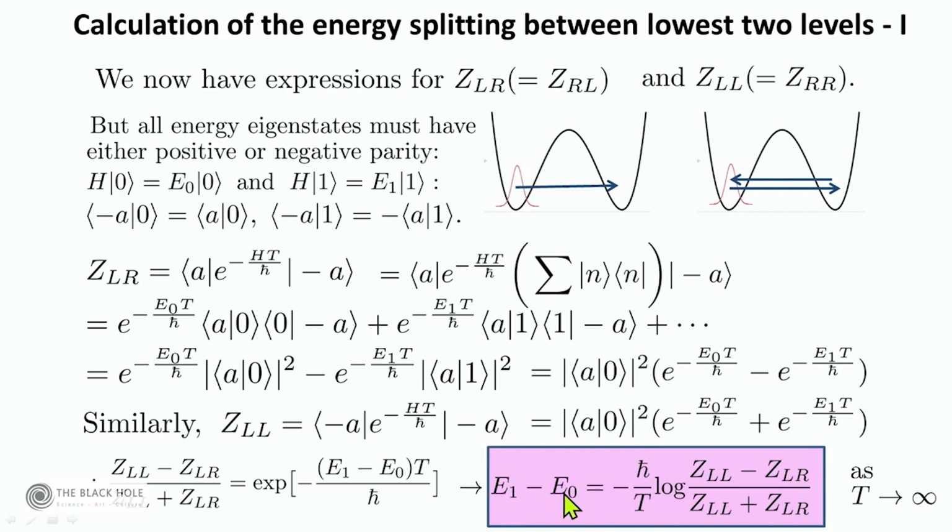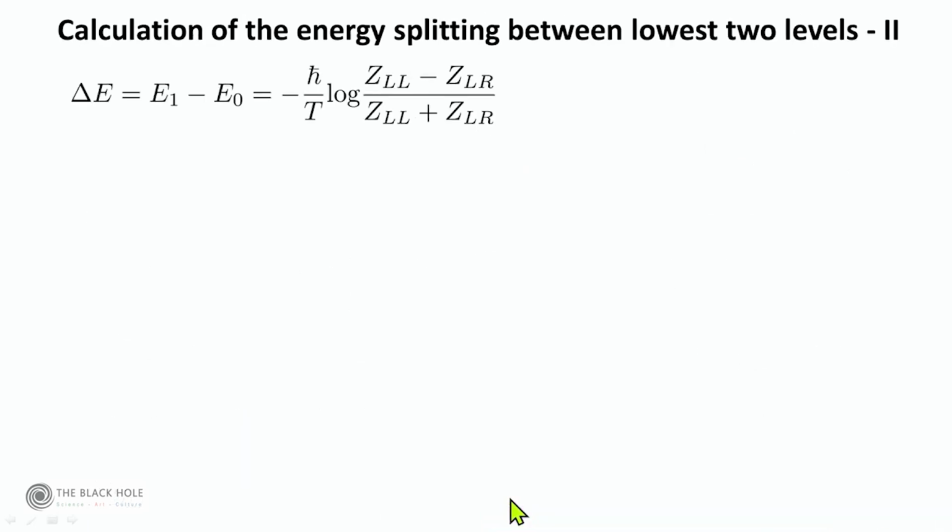You saw at the beginning that I had drawn the level structure and said that there are two energies very, very close to each other. And now, if we have explicit expressions for Z_LL and Z_LR, just stick them over here and then take t going to infinity, and we will have this.